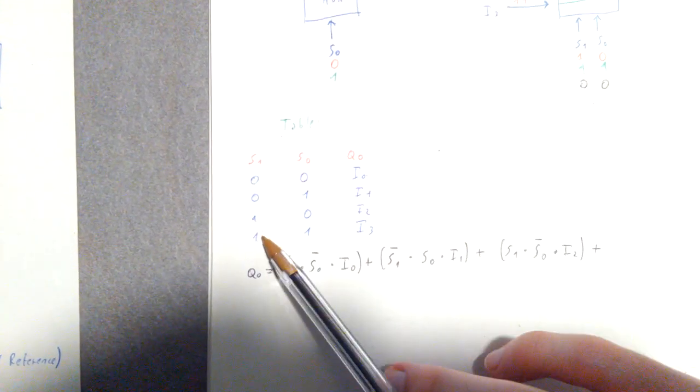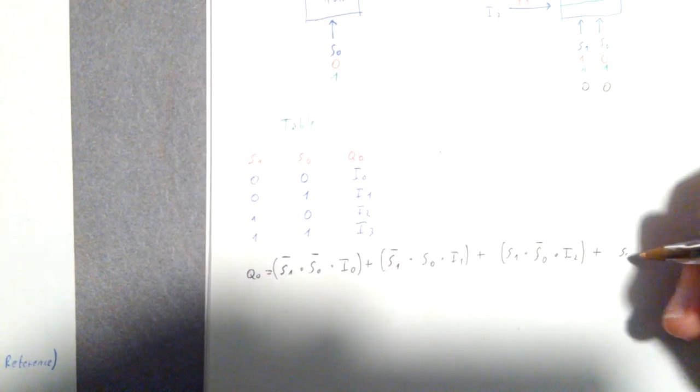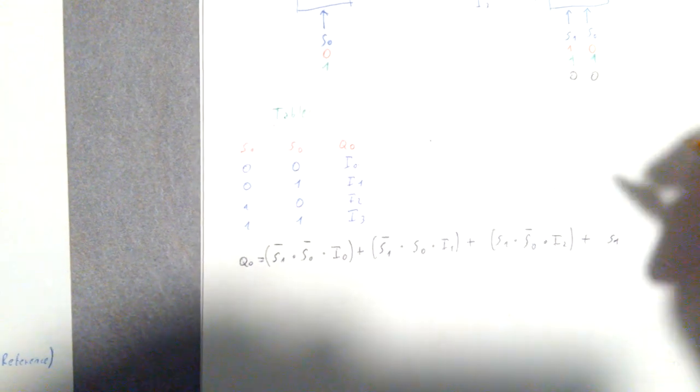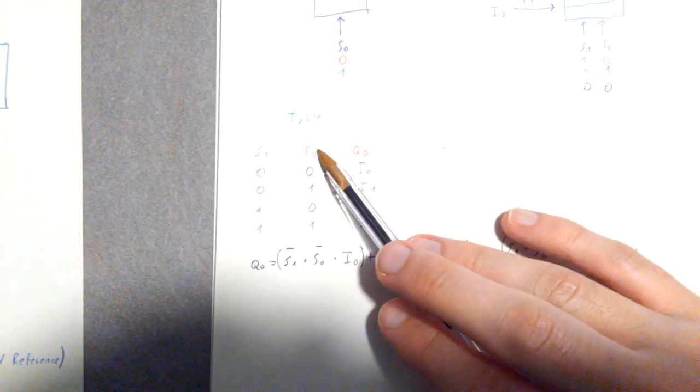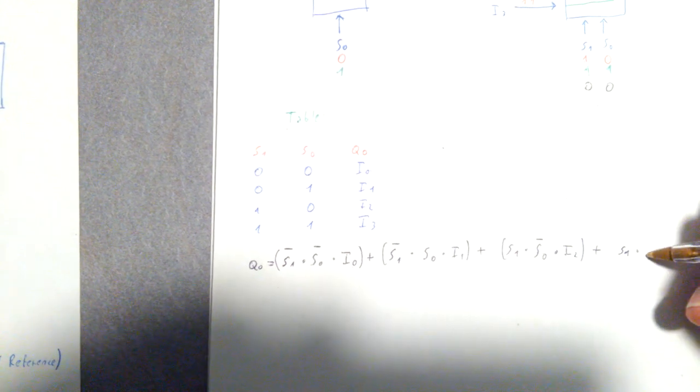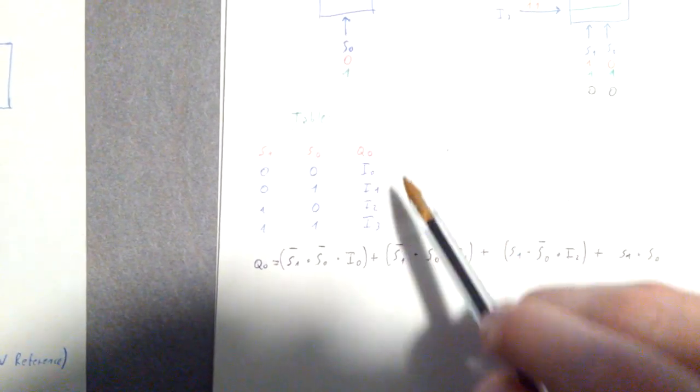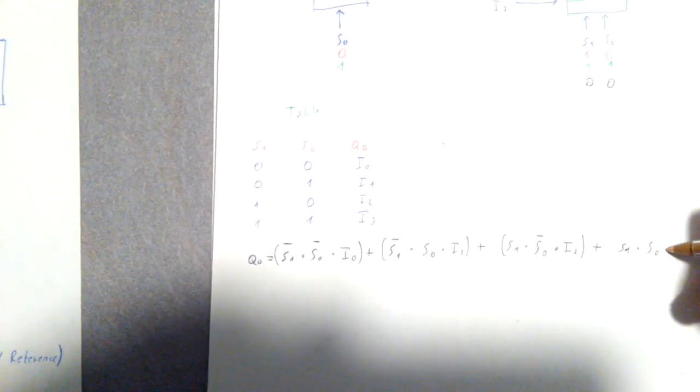And lastly, we're going to have S1 as 1, so S1 times S0, which is 1, so times S0, times I3.